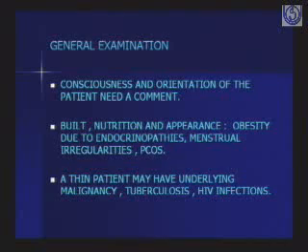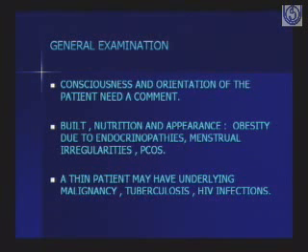The build, the nutrition and appearance. A morbidly obese patient would signal an alarm. Is there an endocrinopathy? Is the patient having a thyroid disorder or Cushing's disease? Does she have menstrual irregularities?